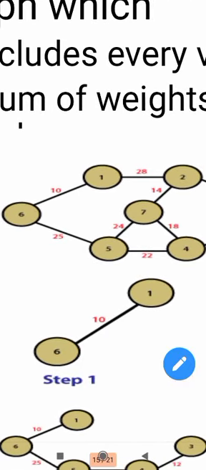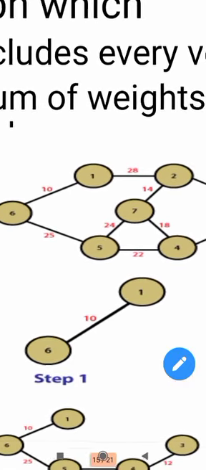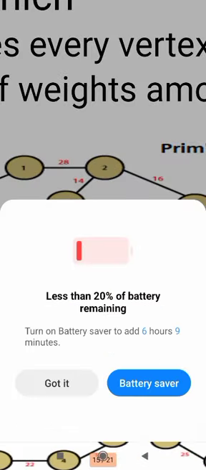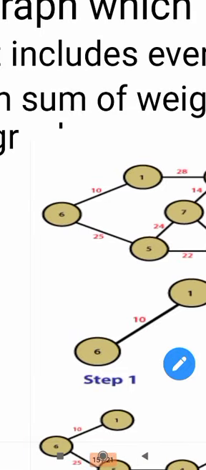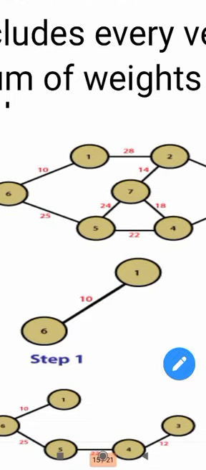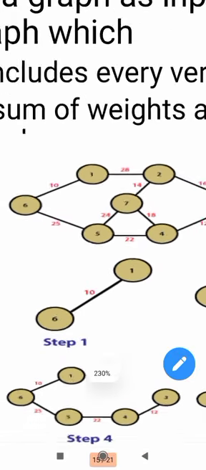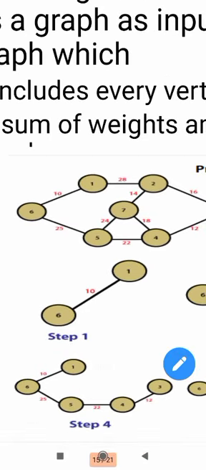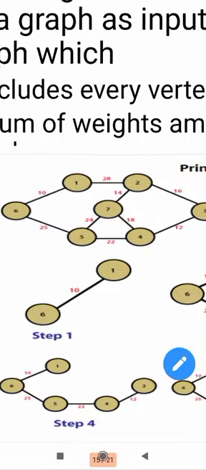So first, which one has the minimum weight? 1, 2, 6. The value will be 10. Okay. And step 1, consider the minimum weight 1, 6. The value will be 10.